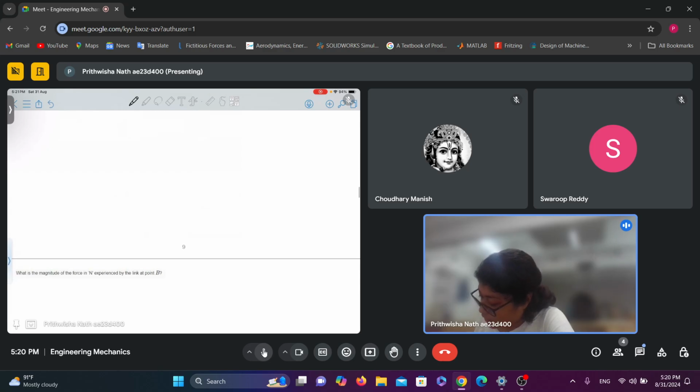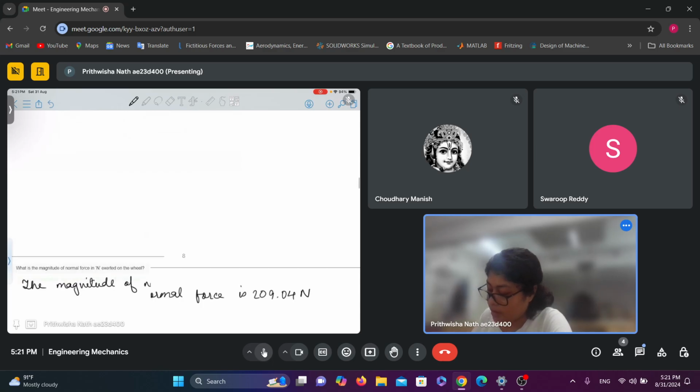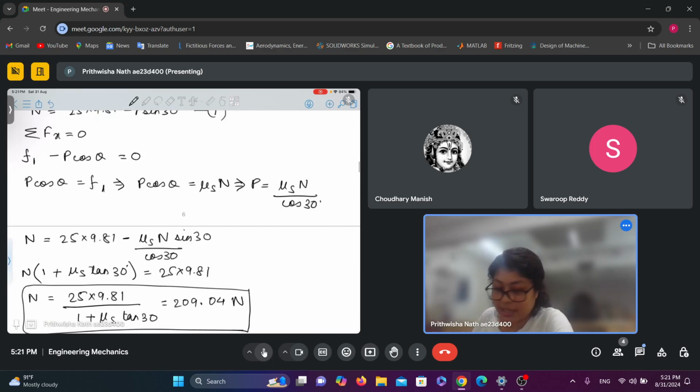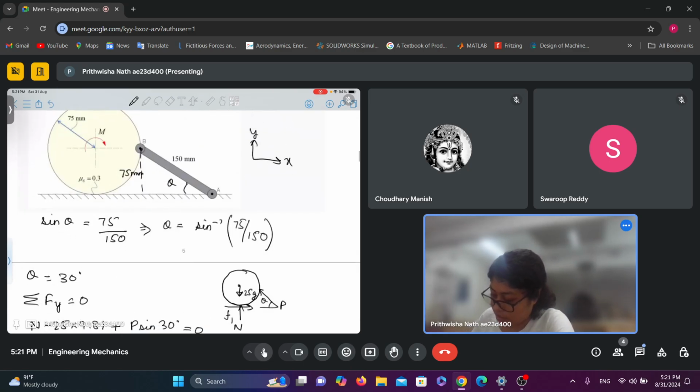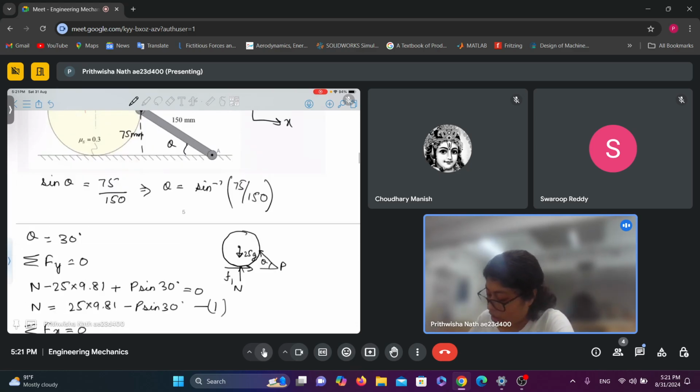Now the next part of the problem: what is the magnitude of force experienced by the link at point B, which is nothing but this force P, right? We need to find the force at this point B, which is nothing but P. So we also found this out.